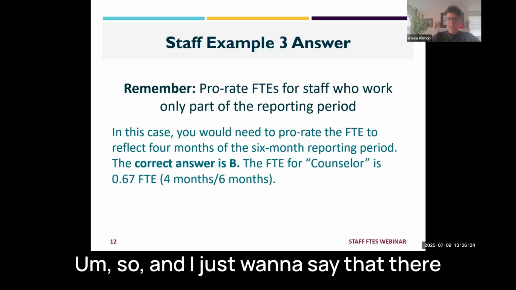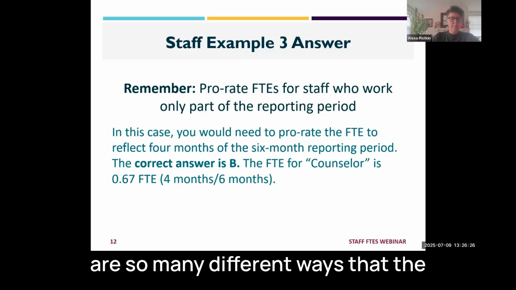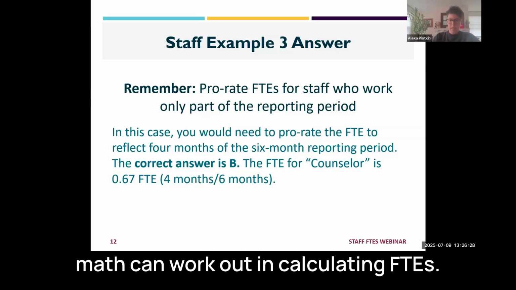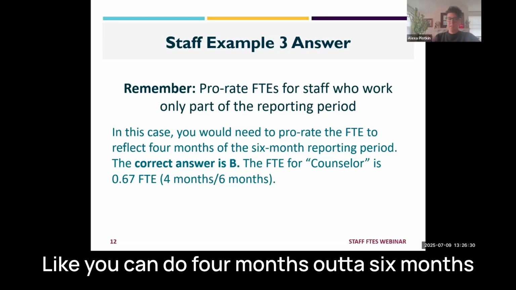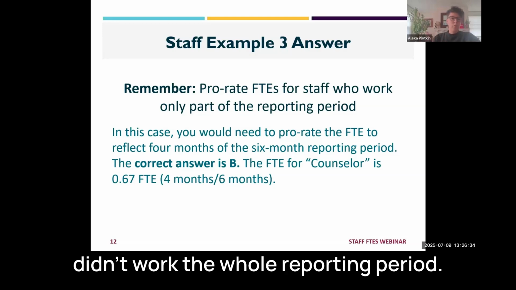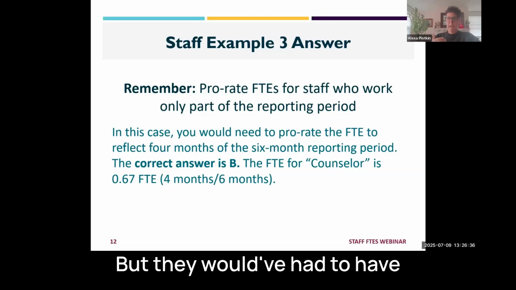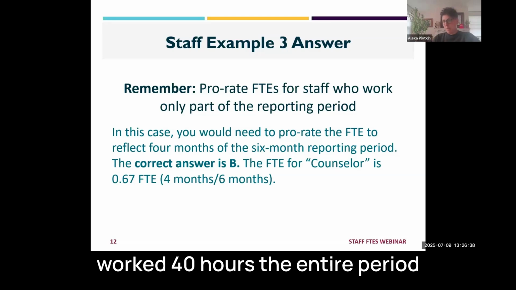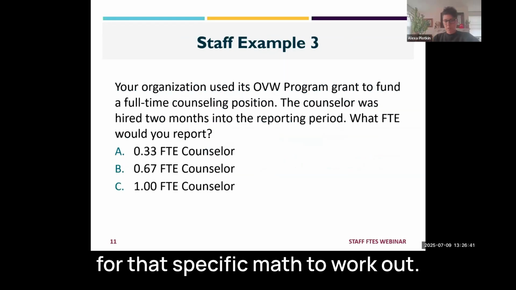And I just want to say that there are so many different ways that the math can work out in calculating FTEs. Like you can do 4 months out of 6 months and get the prorated number for if somebody didn't work the whole reporting period, but they would have had to have worked 40 hours the entire period for that specific math to work out.